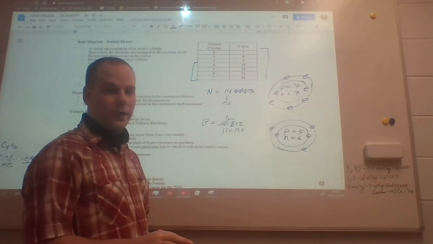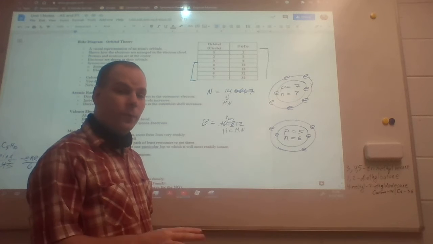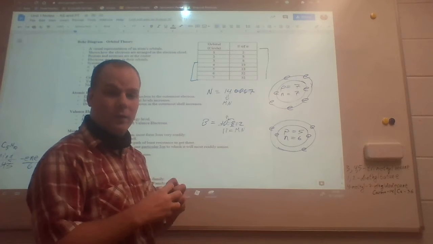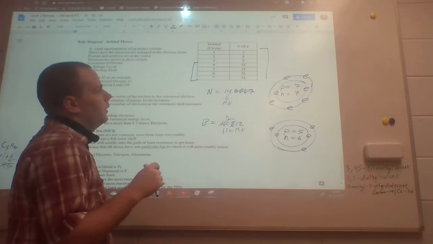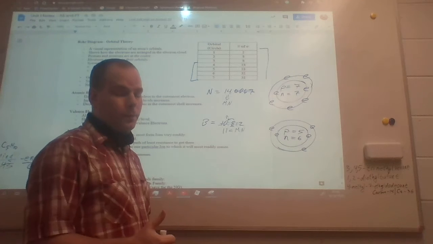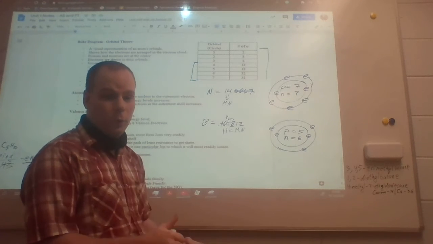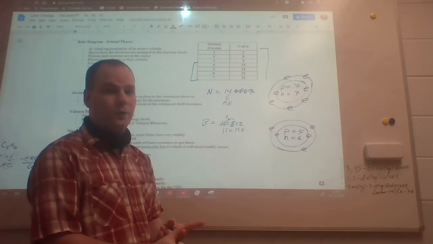Now, valence electrons are bonding electrons. They're the electrons that form bonds when atoms connect to form a molecule or a compound. And valence electrons have to be part of the S subshell or P subshell, which is something we'll talk about when we get to electron configuration.